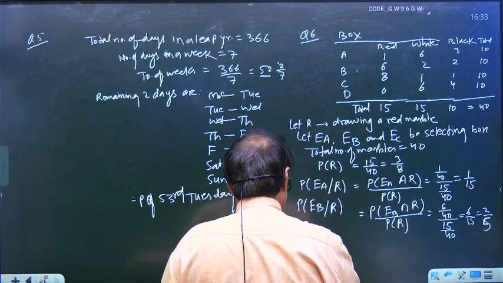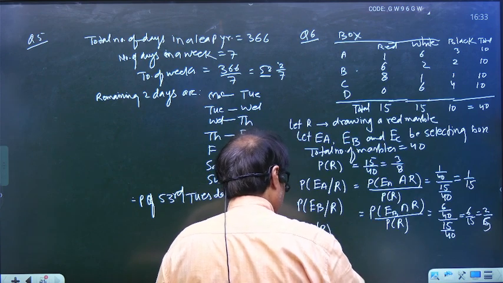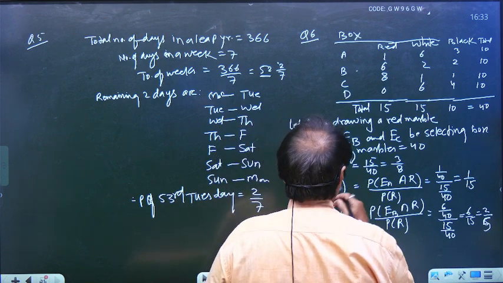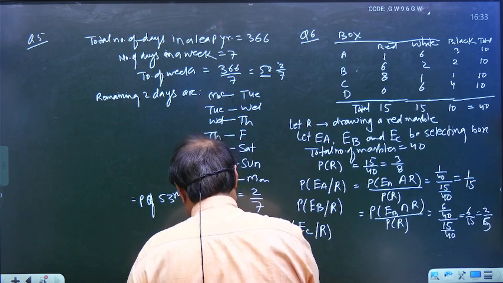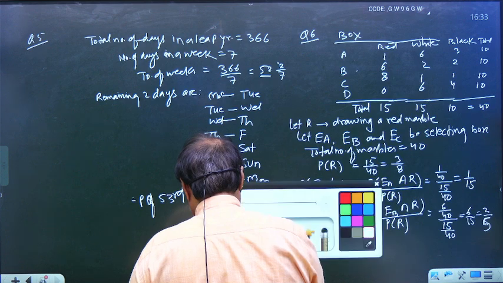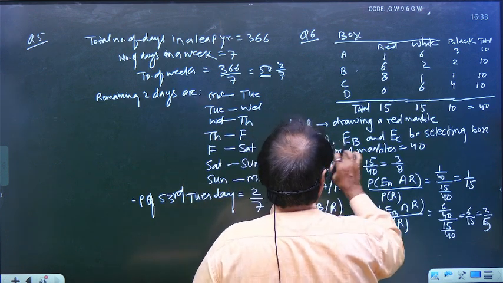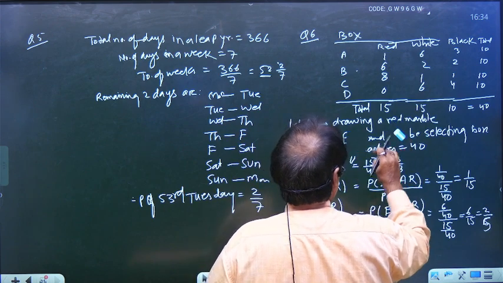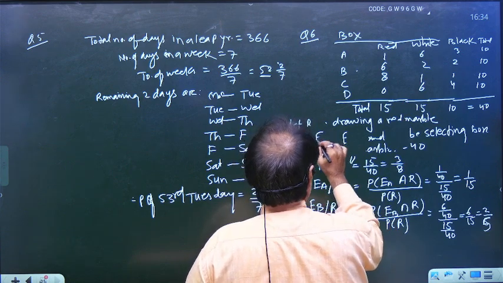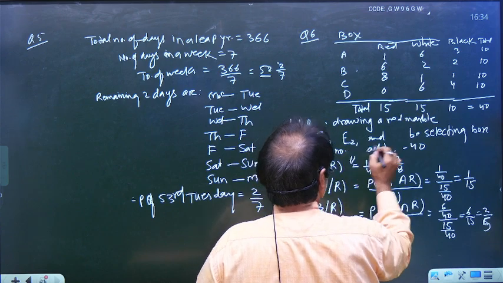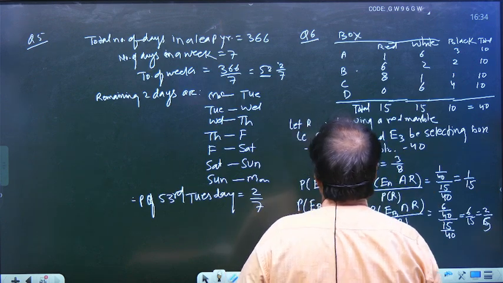And now find the probability of E_C given R, or you may take E1, E2, E3 if you are confused. Let E1, E2 and E3 be selecting a box.